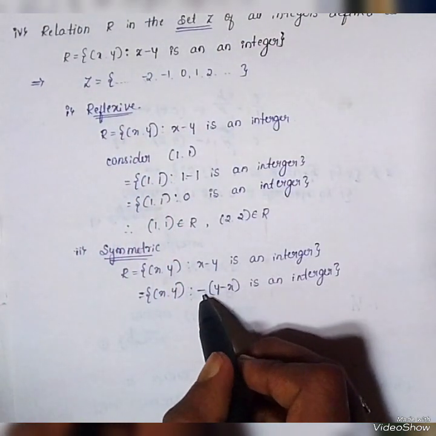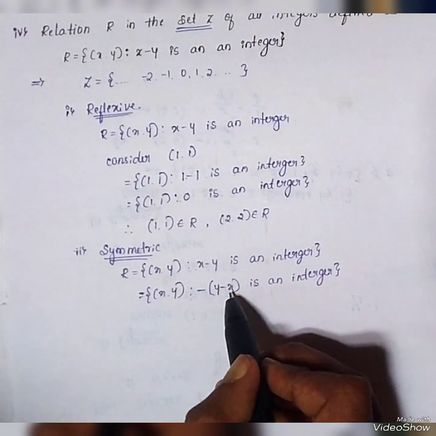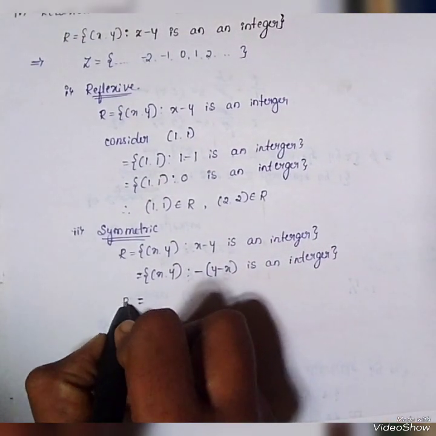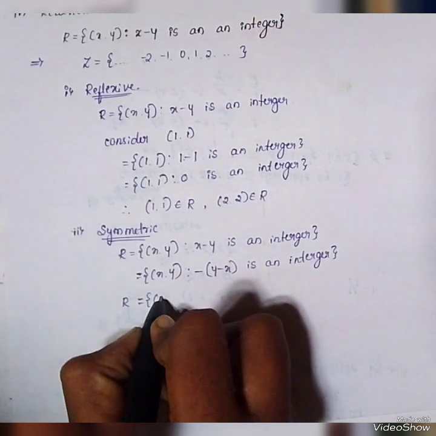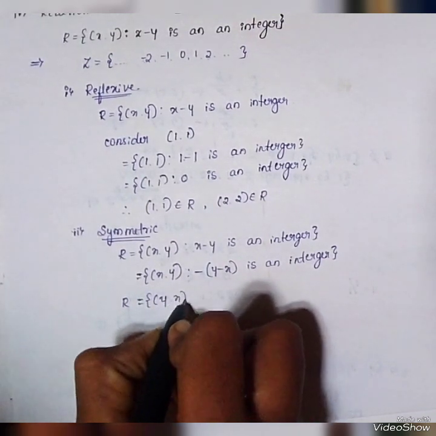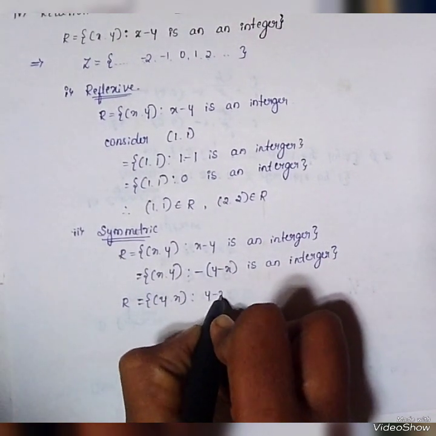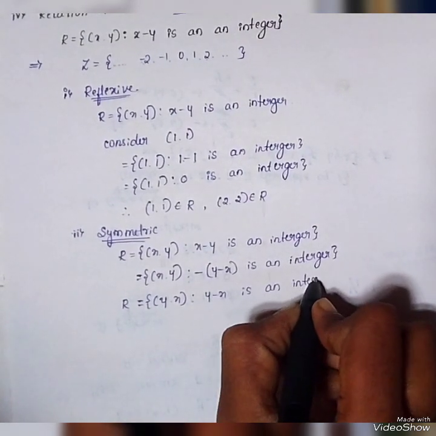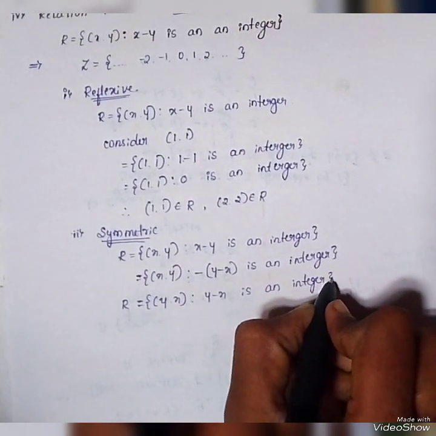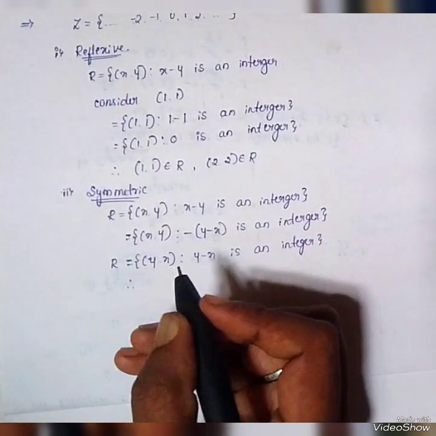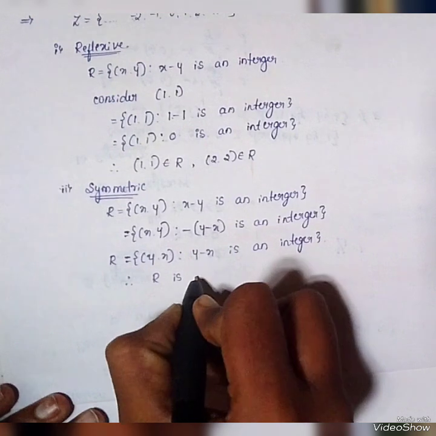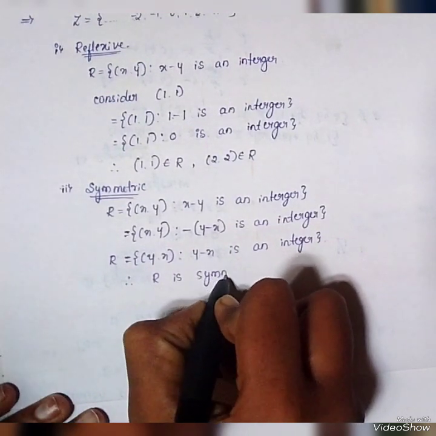That means minus of y minus x is also an integer. By this definition, y comma x is also an integer. Therefore R is symmetric.